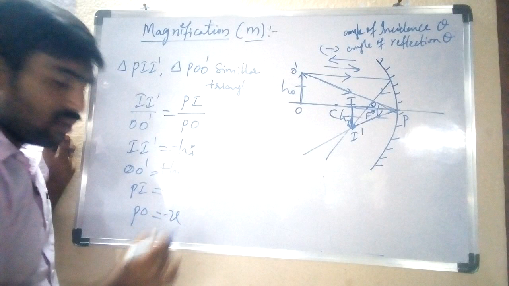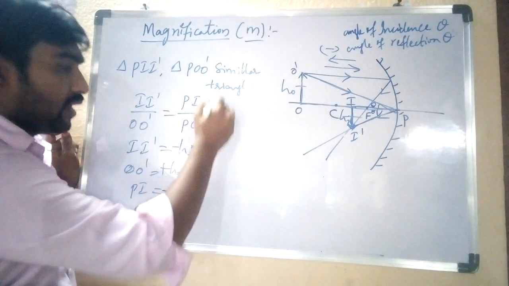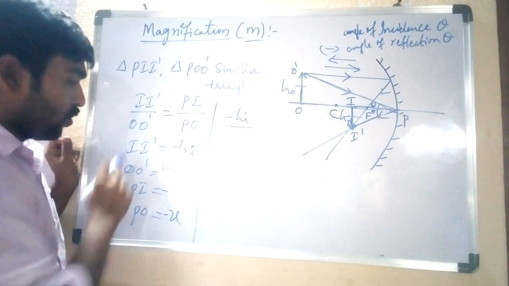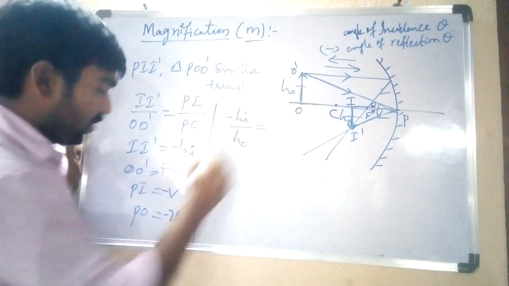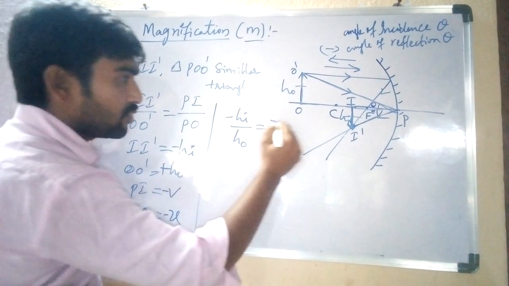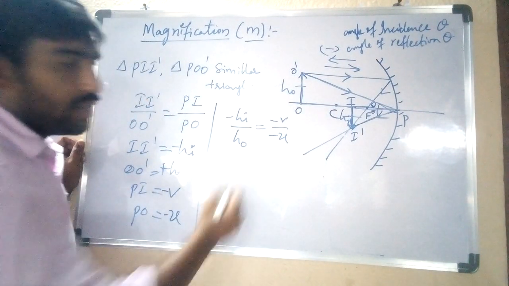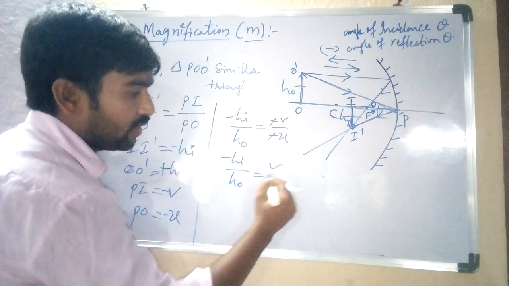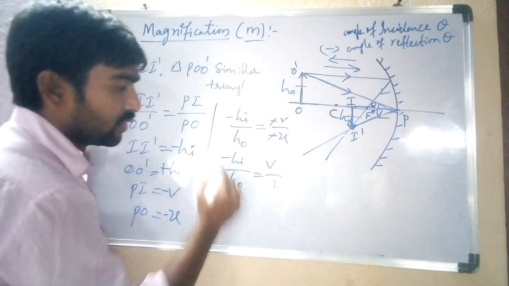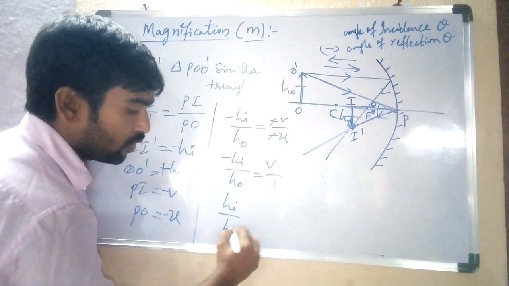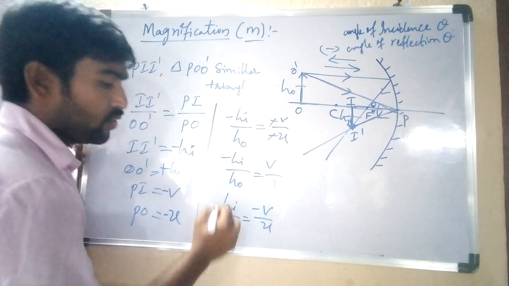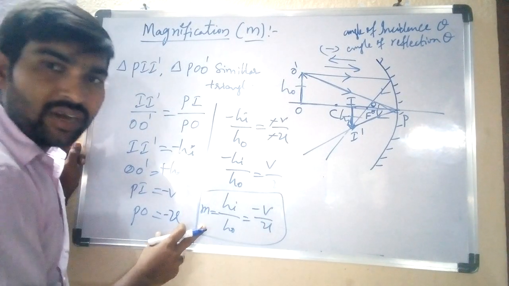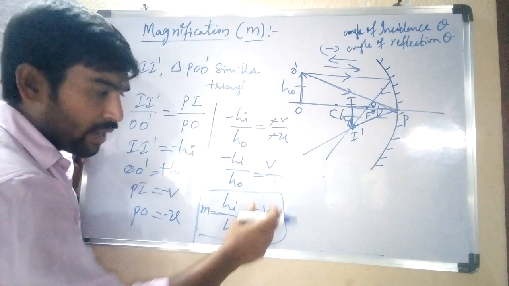Say V minus, U minus. Substituting in the above equation, I dash is here: minus HI by HO is equal to minus V by minus U. Then the minus gets cancelled. Then minus HI by HO is equal to V by U. Then HI by HO is equal to minus V by U.